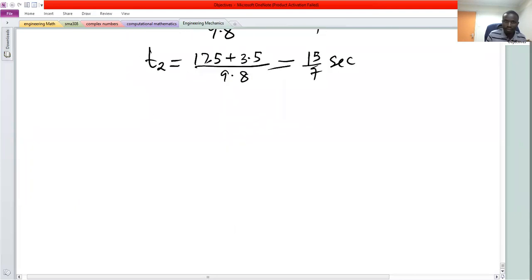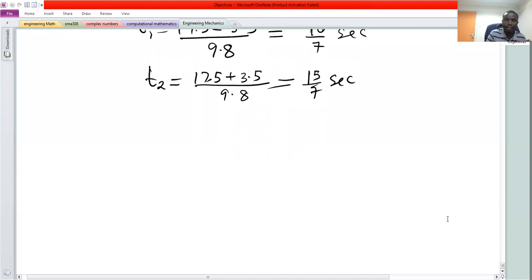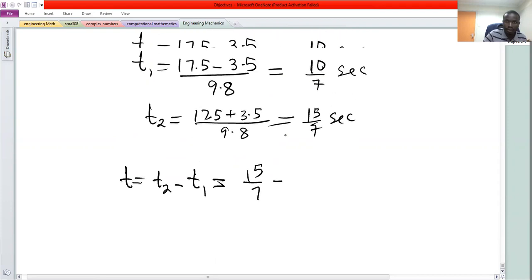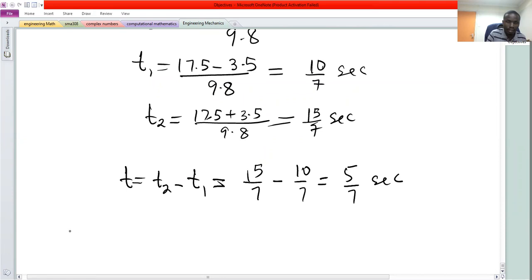The length of time is T2 minus T1, which would be 15 over 7 minus 10 over 7, which is 5 over 7 seconds.